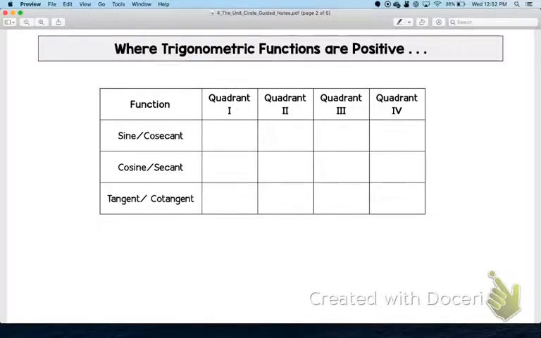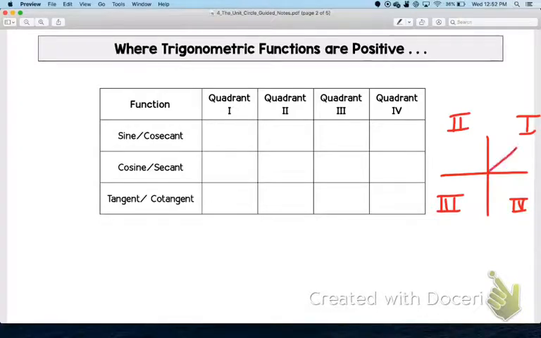We have our quadrants. Make a little quadrant over here. So remember, we have quadrant 1, 2, 3, 4. Okay, so sine, we said, was, I'm going to just make a triangle in 1 here for a second, just so we can see it. So we have x and y.